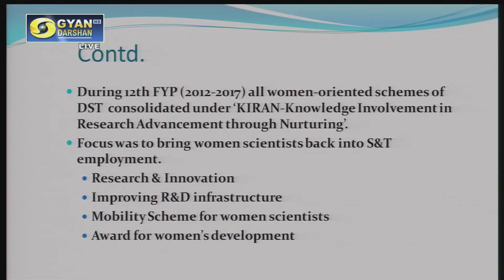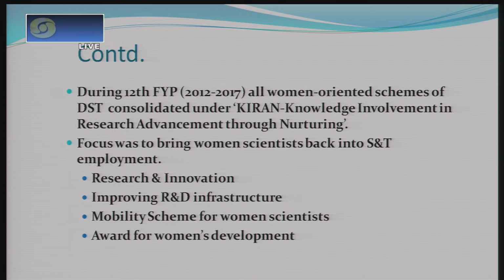So during the 12th Five-Year Plan, all women-oriented schemes of DST were consolidated. KIRAN was important to bring women scientists back into S&T employment through promoting research and innovation, then improving the R&D infrastructure in women's universities, then initiating a mobility scheme for women scientists, so that if they would like to shift, they can opt for it in their early career as young scientists.